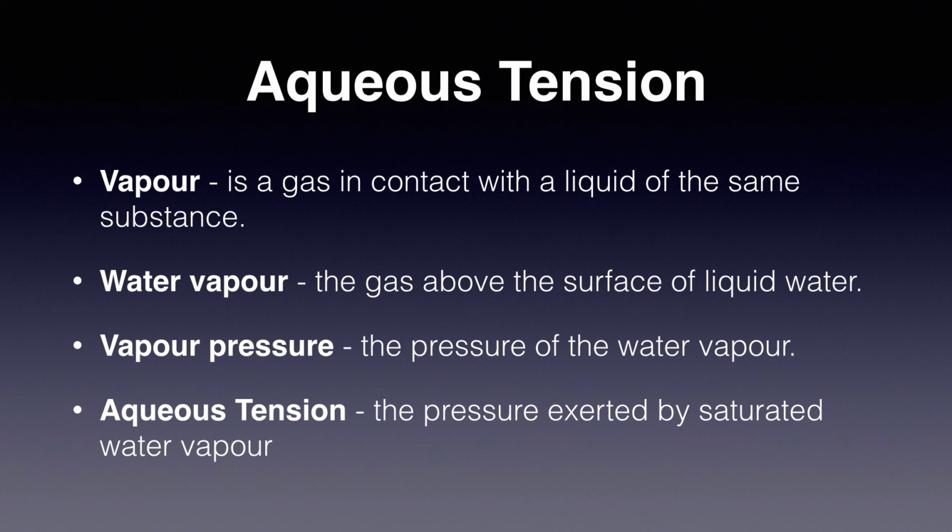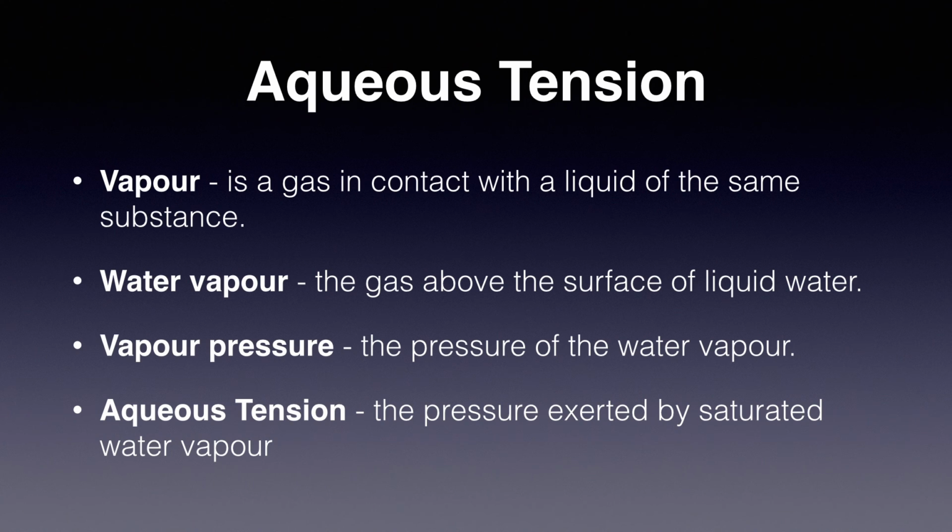If it is closed, what will happen? It will exert pressure on the surface of the liquid. That is called vapor pressure. So if I have taken water as the liquid, then the vapors collected are the water vapor and the pressure exerted by the water vapor is said to be vapor pressure.